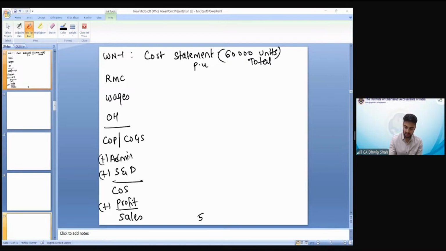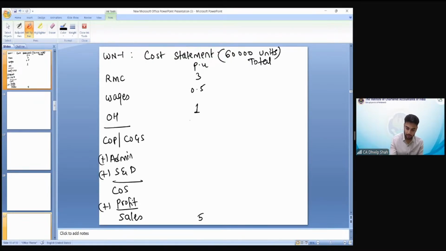So can I say it is 3 rupees per unit? Wages is 10%, 0.5, and I guess overhead is 20%. Overhead is 20%. So 1 per unit.